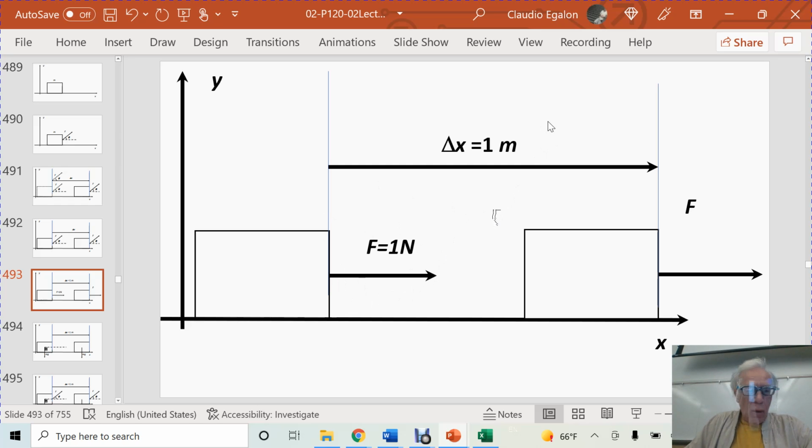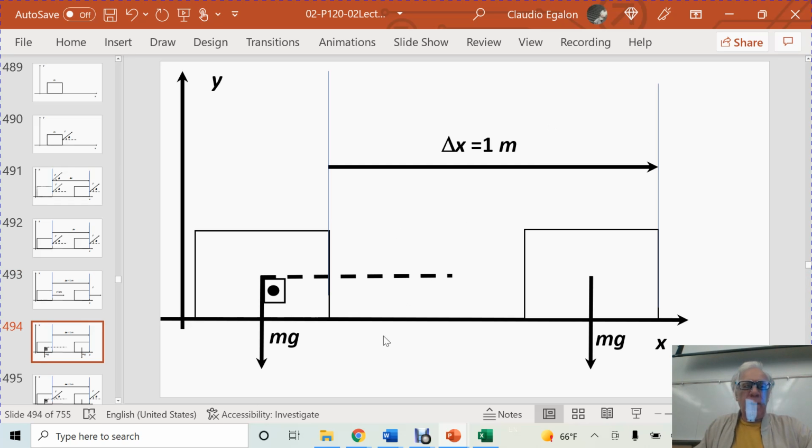But what about the work done by this force here that you see, the mg, the weight? There is an angle of 90 degrees between this force and the displacement vector, right? The work done by this force is going to be mg delta x times the cosine of the angle between them.